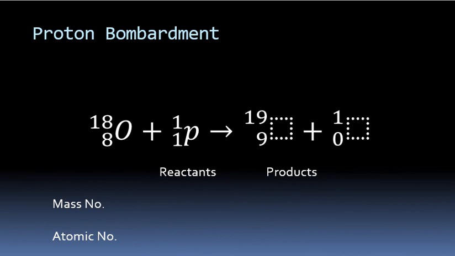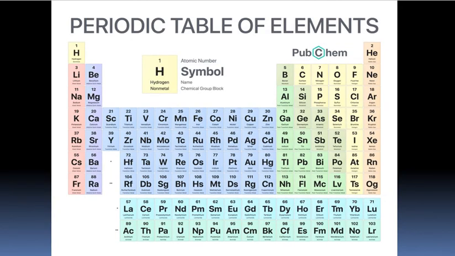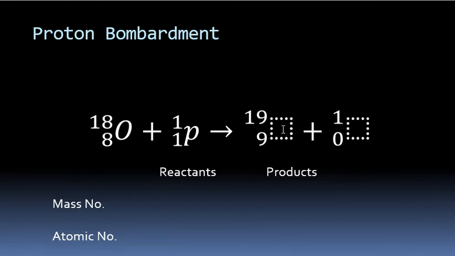And in this case, we have a couple unknowns, but the numbers have already been filled in. So, in this case, we can just go directly to the periodic table. What has an atomic number of 9? Well, that would be fluorine. This guy right here.